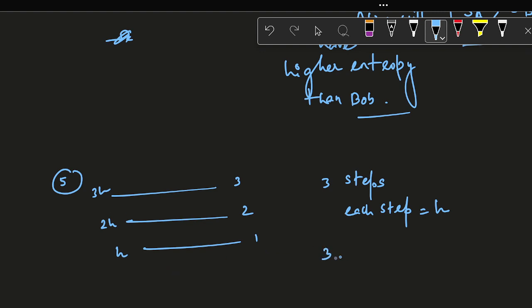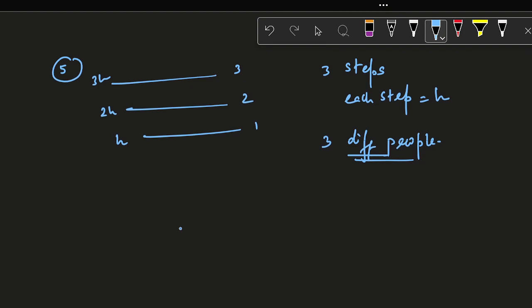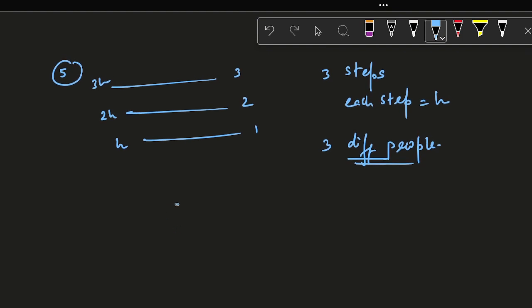And you are given 3 different people to stand on those steps. So they can stand on the steps in any manner possible. There is no restriction in that. But the restriction that is given here is that the total number of people is fixed. So let us talk about the restrictions.